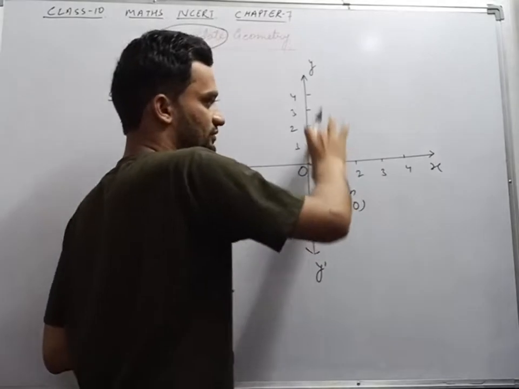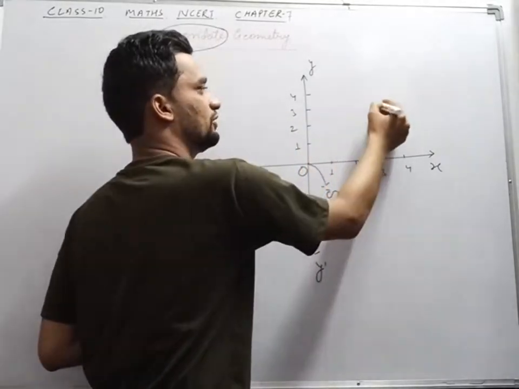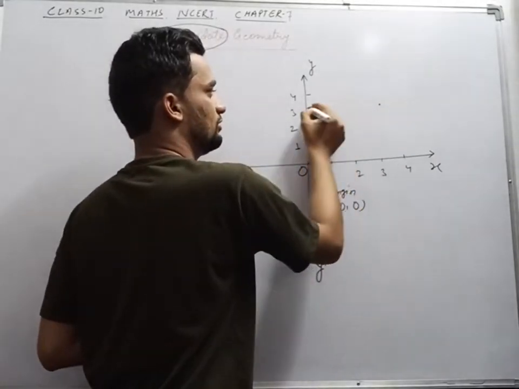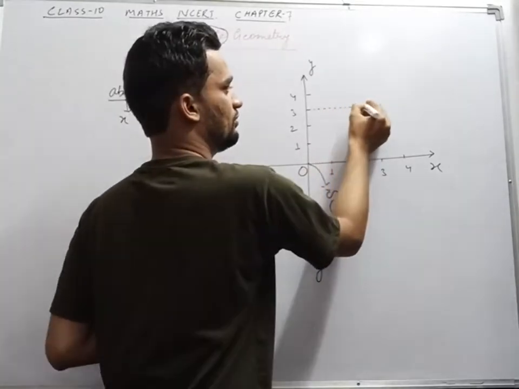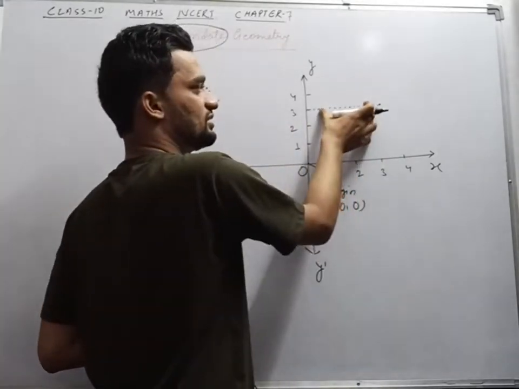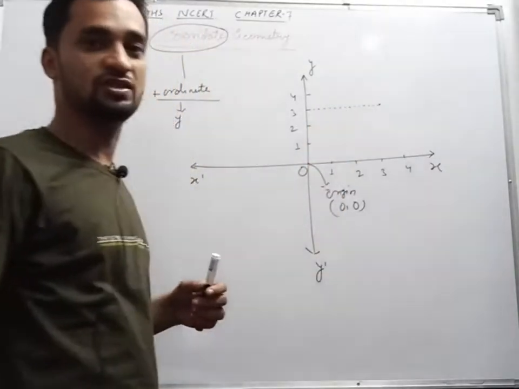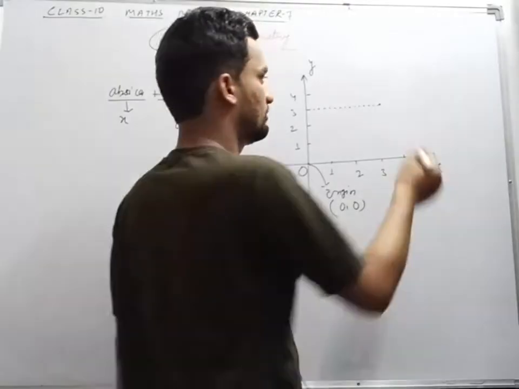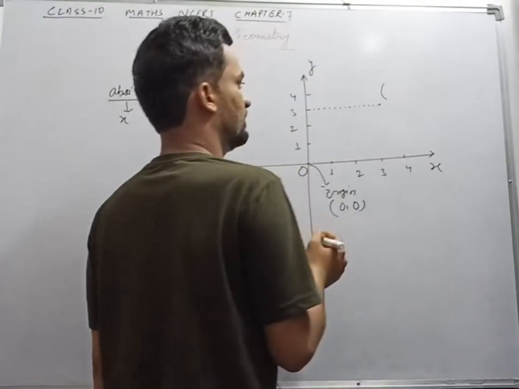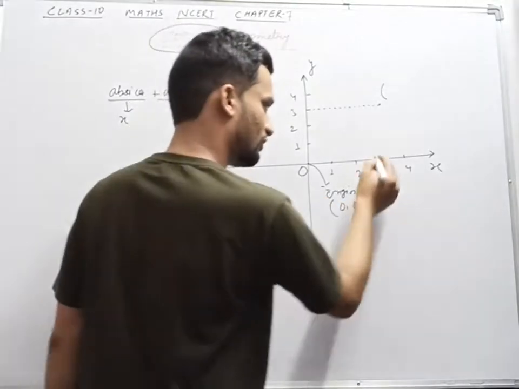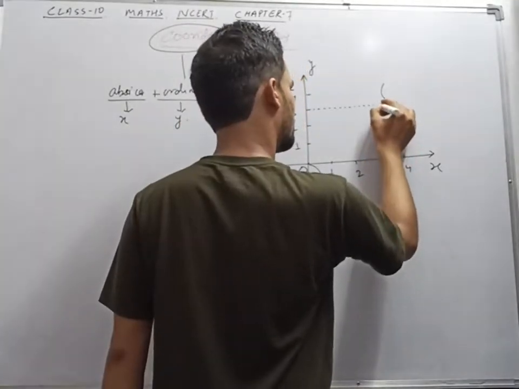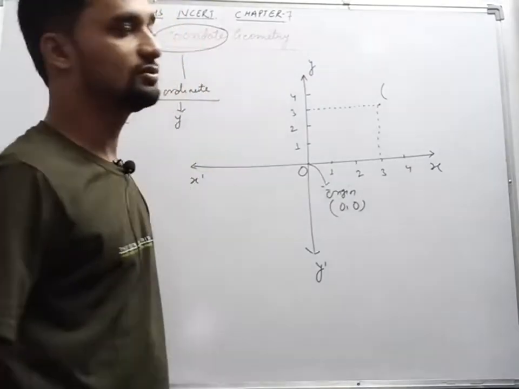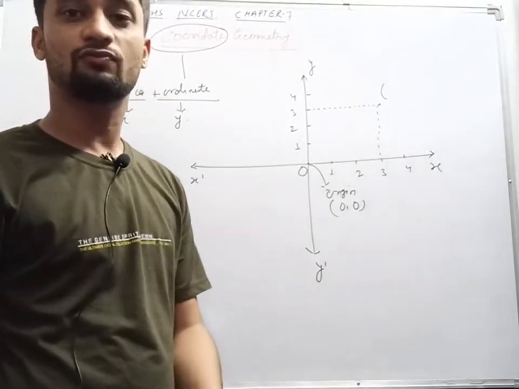Suppose this is the y-axis and any point is here. This distance from the y-axis is the abscissa or x coordinate. And the distance from the x-axis is known as the ordinate, that is the y coordinate.